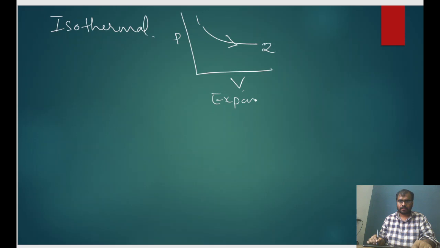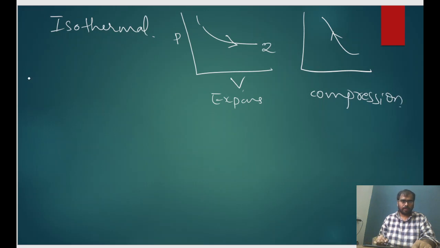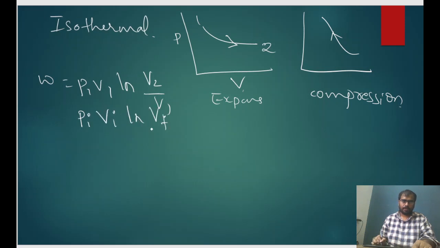If the process goes in the reverse direction, then it is known as isothermal compression process. What is the work done formula? The work done formula is P1 V1 ln (V2 by V1), that is, P initial V initial ln (V final by V initial).